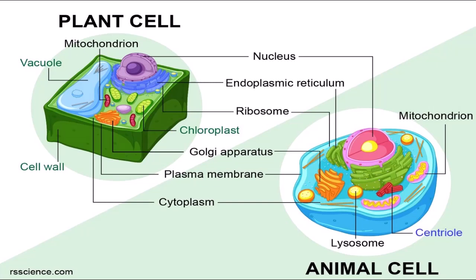Next structure is centriole. Centrioles are paired barrel-shaped organelles, and the main function of centriole is to help with cell division. Centriole is absent except in the motile cells of lower plants, whereas it is present in the case of animal cell.